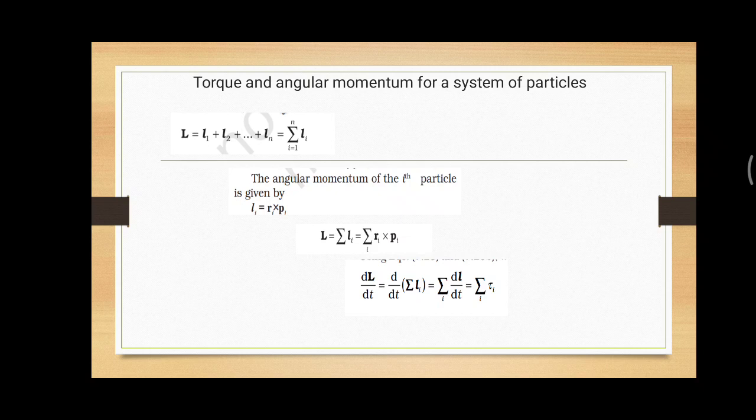In the same way as in the linear case, here also you are considering the external torque only. You don't want to consider the internal torque values. If we are considering n number of particles and various amounts of torque are exerted upon the particles, then the total torque will be equal to the sum of the individual torques exerted upon each individual particle.